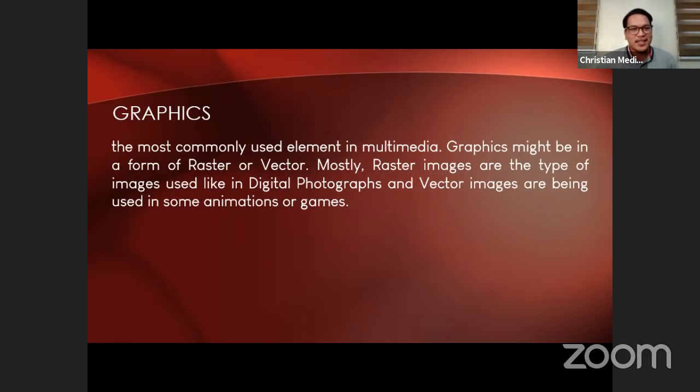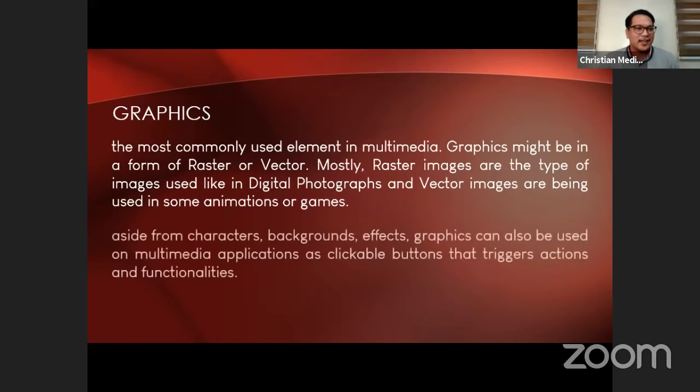Mostly, raster images are used in digital photographs, and vector images are used in some animations or games. It was also mentioned earlier that aside from characters, backgrounds, and effects, graphics can also be used in multimedia applications as clickable buttons that trigger actions and functionalities.